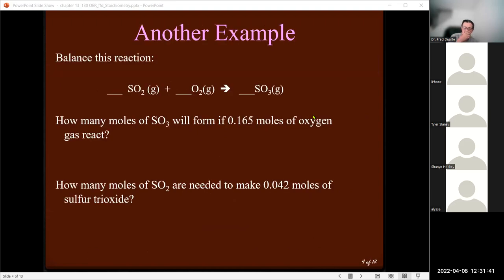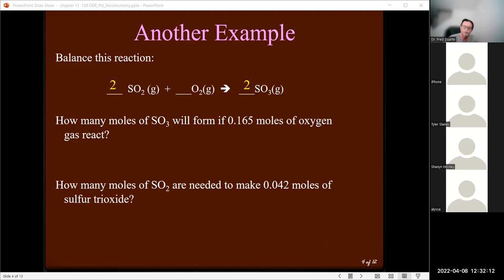All right, so here's an example where we've got to balance this equation. We have sulfur dioxide in the presence of oxygen to give us sulfur trioxide. And so to balance this, we require 2 SO2, sulfur dioxide, 1 oxygen, and that results in giving us 2 moles of sulfur trioxide.